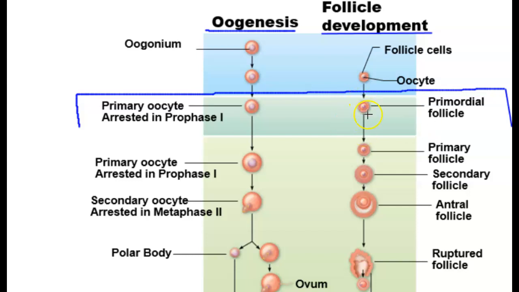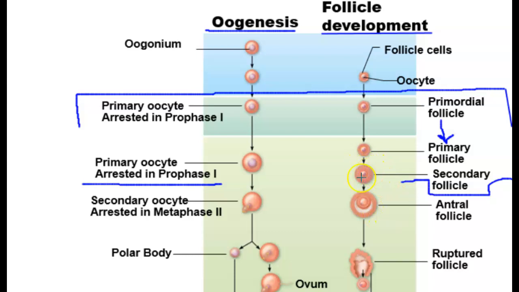Now notice that this primordial follicle changes into a primary follicle, but nothing's happened to the primary oocyte, of course, because this can happen before birth. So these primary follicles typically still contain primary oocytes. Even secondary follicles still contain primary oocytes. It's a bad way to name things, really. But anyway. And then the follicle changes to an antral follicle.